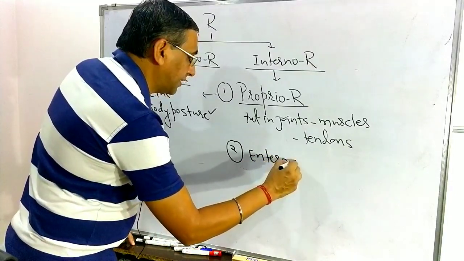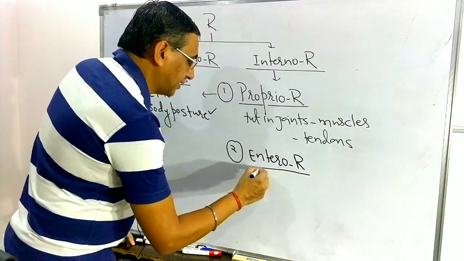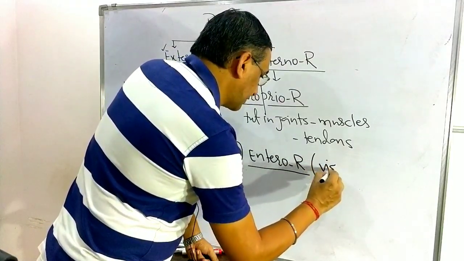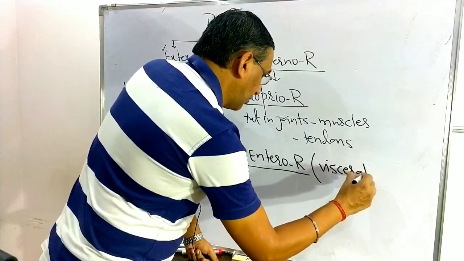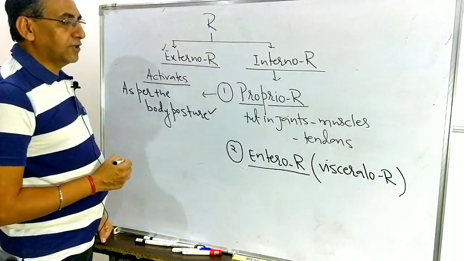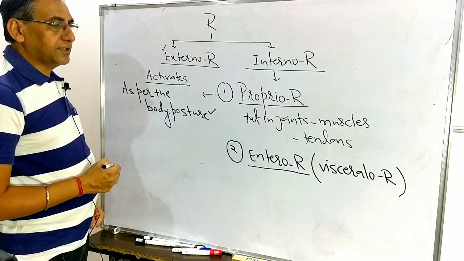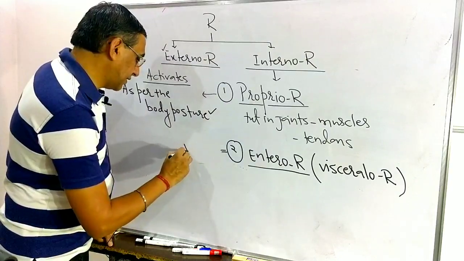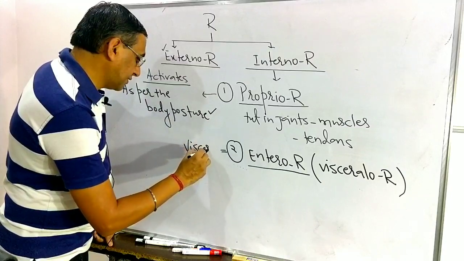Next one is the enteroreceptor, also known as the visceroreceptor.